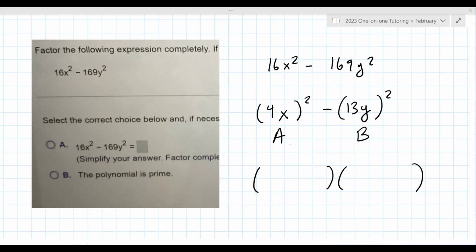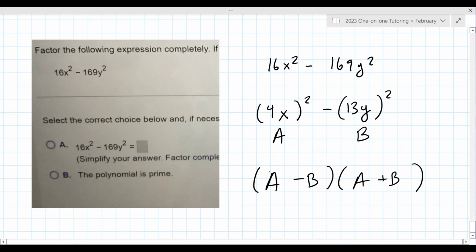I want to say x minus 16, but it's always this A minus B, A plus B. What is your A? What is your B?